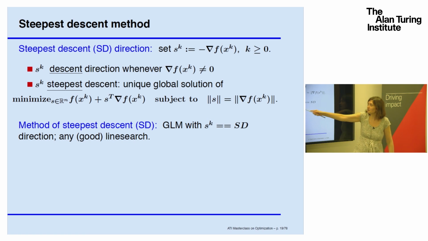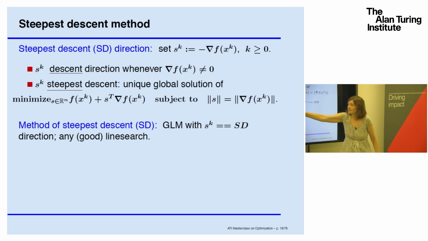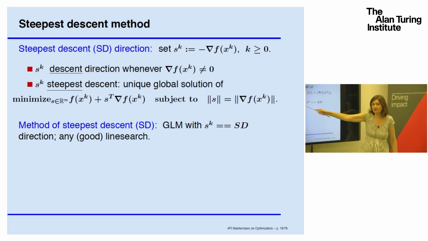You can prove this by looking at the first order Taylor linear approximation of your function around xk. If I minimize that linear approximation over all possible directions in Rn, the solution of this problem is the negative gradient direction.